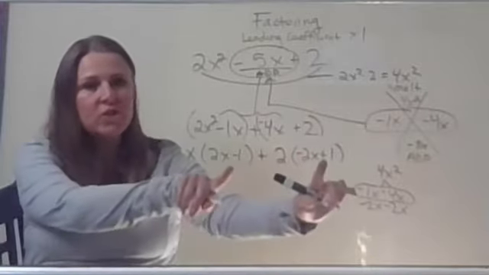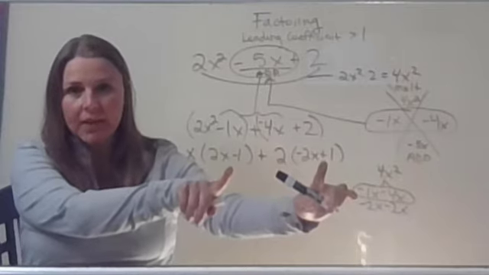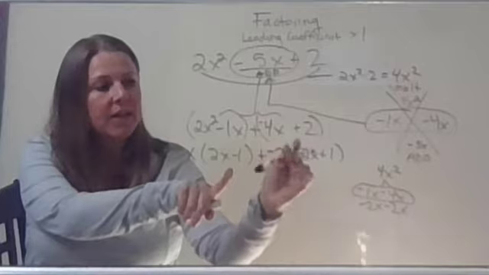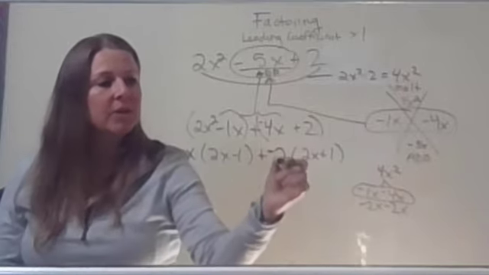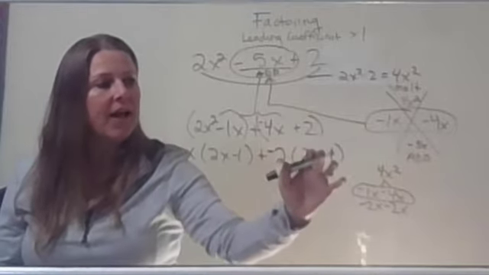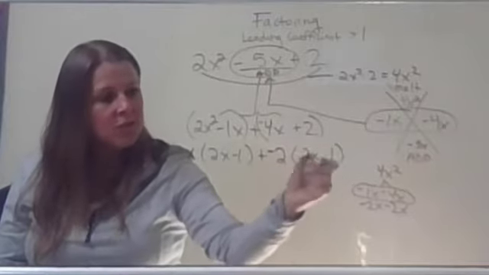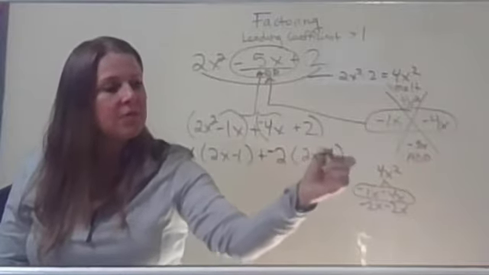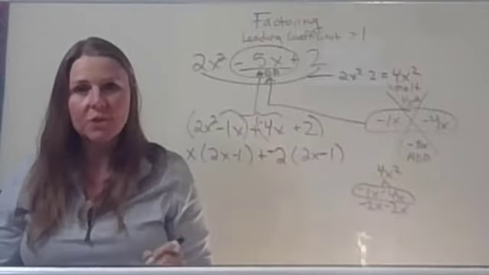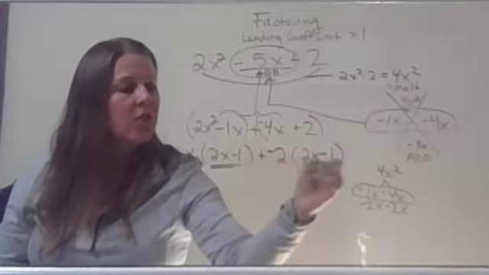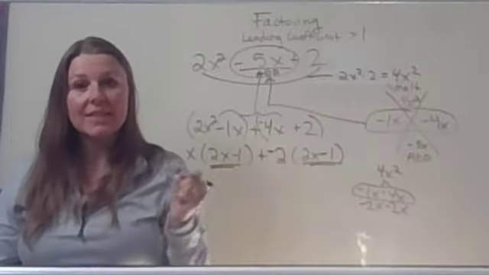And I want these two parentheses to be the same so I can factor them out. So instead of taking a positive 2 out, if I take a negative 2 out, then you're going to have negative 4x when you have the positive 2x, and then negative 2 times negative 1 is positive 2. So when you take a negative 2 out, now the thing that you have in the parentheses is the same.